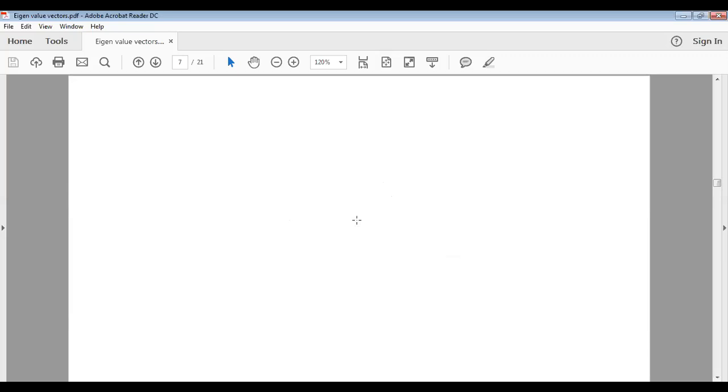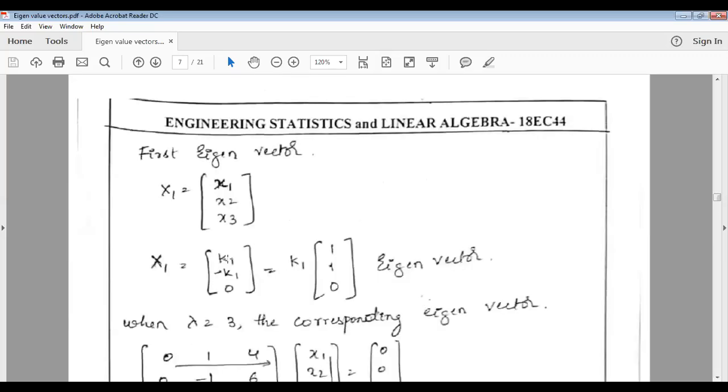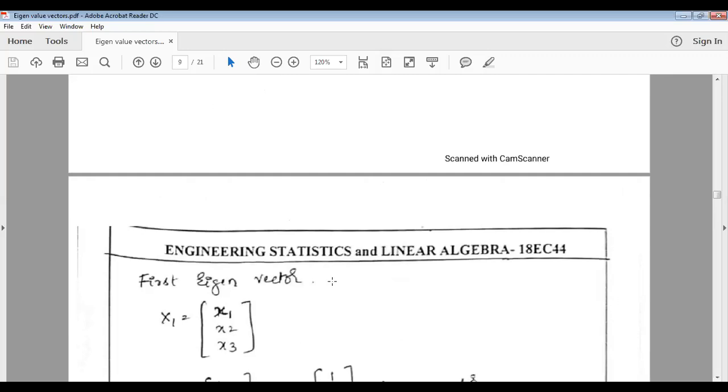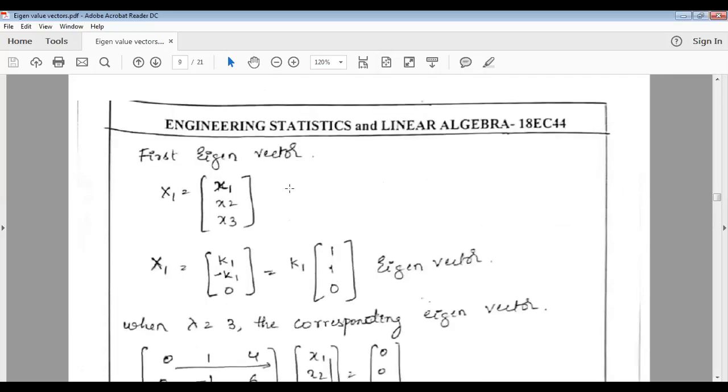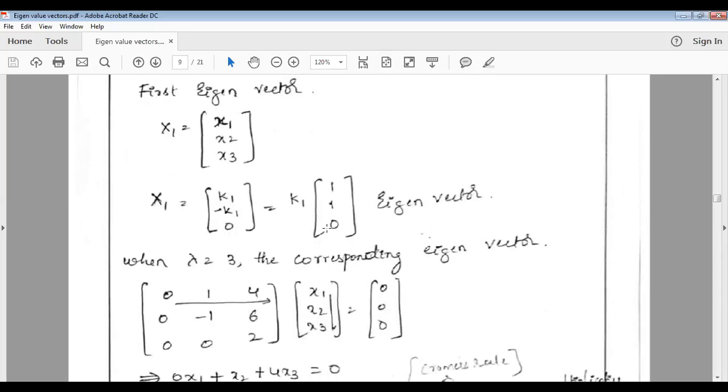When I write this as a vector, I'll have k1, minus k1 and 0, and I take k1 out, so this becomes 1, minus 1 and 0. So for the eigenvalue lambda equal to 2, the corresponding eigenvector x1 is 1, minus 1 and 0 multiplied with some k1, that factor is some 6. So I found the first eigenvector.